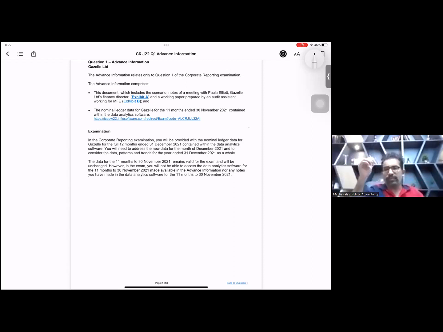I have observed that after this change, the passing rate of ICAEW Corporate Reporting has improved. Now students can clear it more easily compared to the past, right? One more thing: I'm just going to discuss this advanced information, and this is the first class.